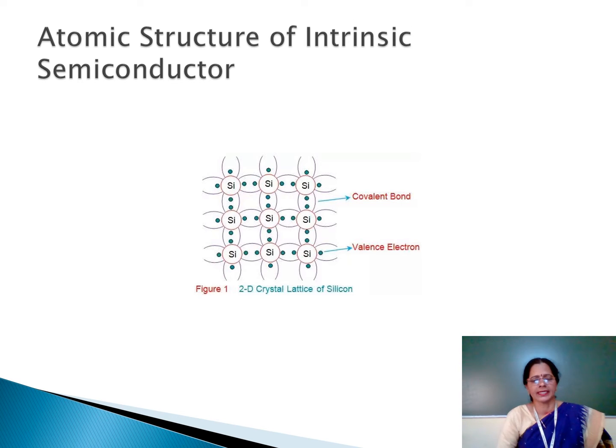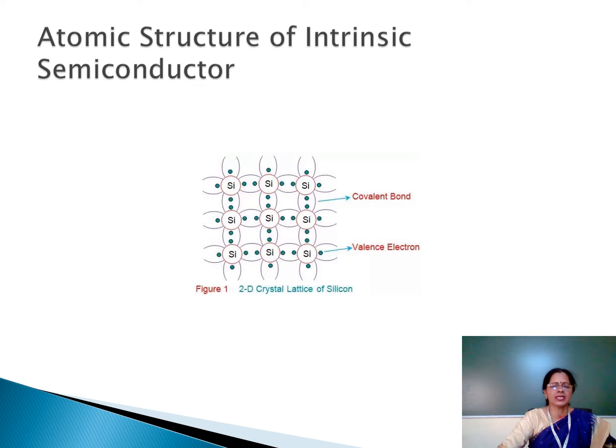Covalent bonding means sharing of electrons. We know each atom of the semiconductor has 4 valence electrons. First of all, consider the central silicon. It has 4 valence electrons. These 4 valence electrons make 4 complete covalent bonds with 4 silicon atoms.